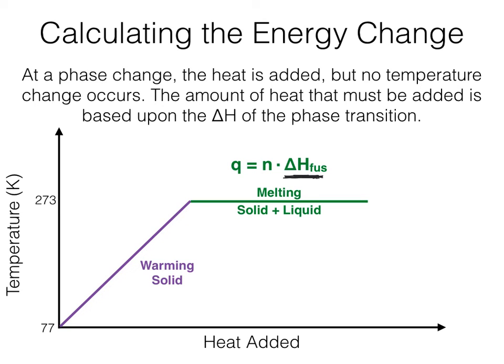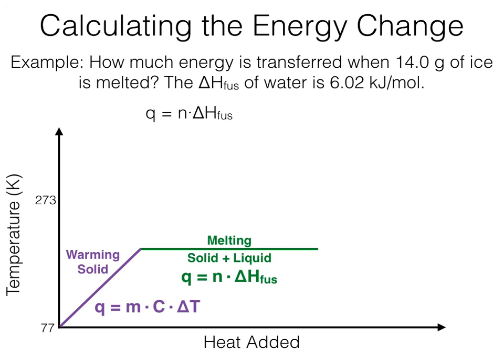And so the Q is going to be our moles involved times the delta H of that transition. Okay, so let's do an example. How much energy is transferred when 14 grams of ice is melted? The enthalpy of fusion for water is 6.02 kilojoules per mole.